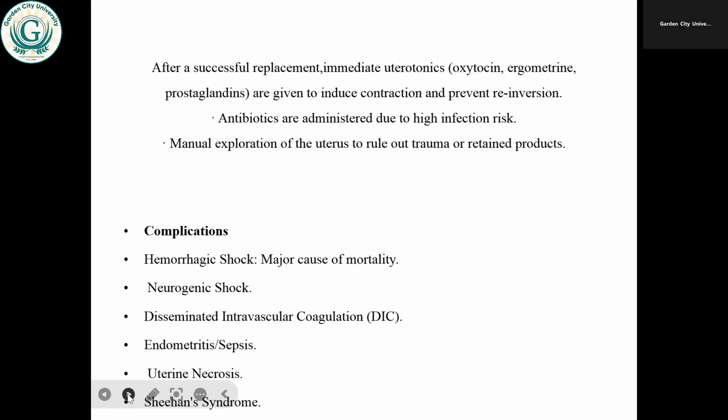We then have DIC. DIC in the sense that when there is inversion, the woman will be bleeding and enter into hemorrhagic shock. When hemorrhagic shock occurs, the heart in its own way will shunt blood supply to other organs. We learned this in pathology, if you all can remember.